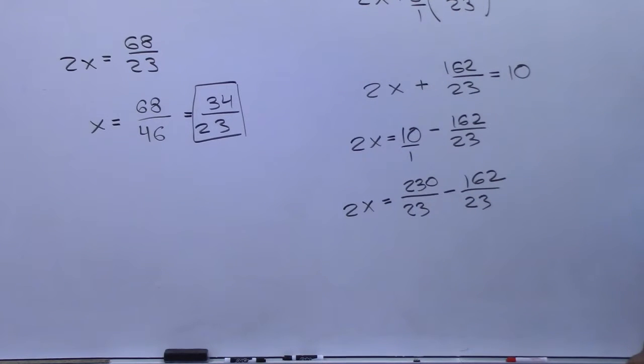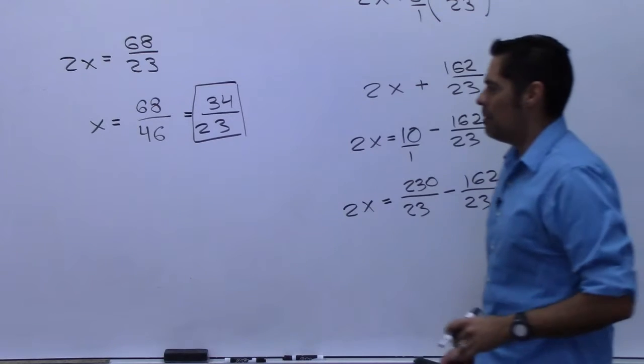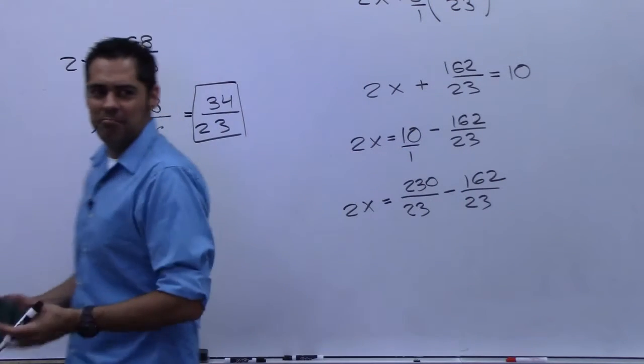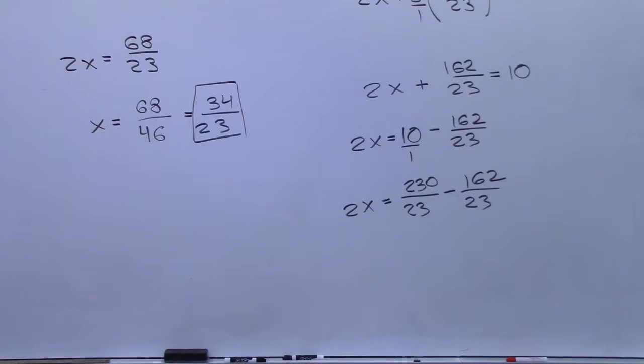Don't do decimals though. Keep them as fractions. As soon as you go to a decimal, you're going to have some error because you're going to round it somewhere. And I want these to be exact answers. And I want to see the algebra because this is all good practice.